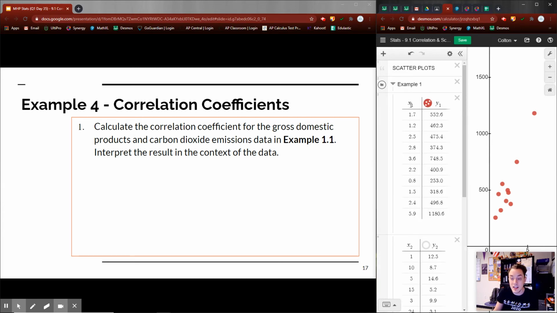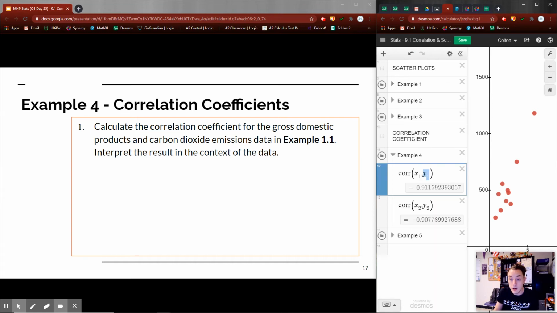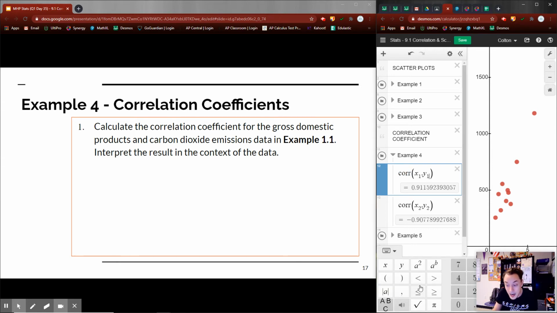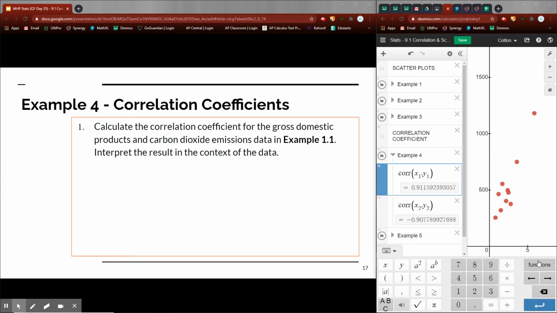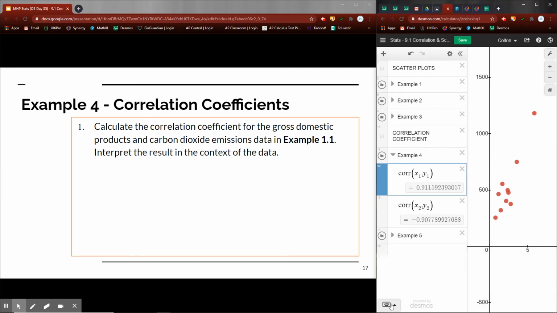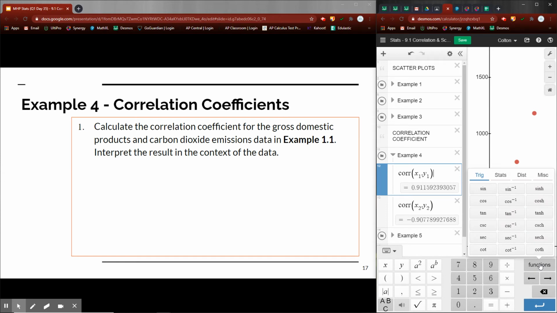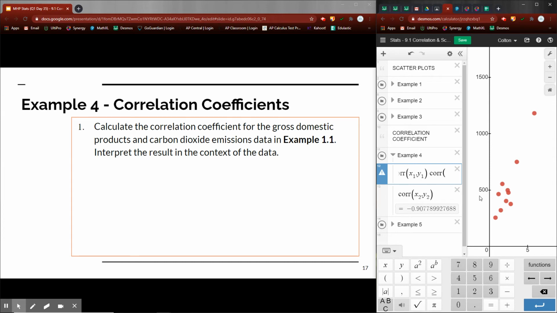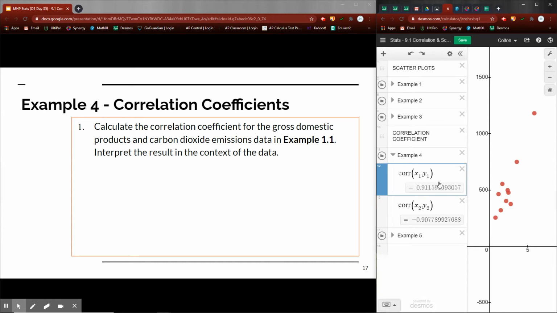So if my table says X1, Y1, that means I'm going to write my correlation as CORR(X1, Y1). If you don't want to type that, you don't have to. You can go down to your functions menu, click on functions, click on stats, and then click on CORR right there. That's all you need to do.